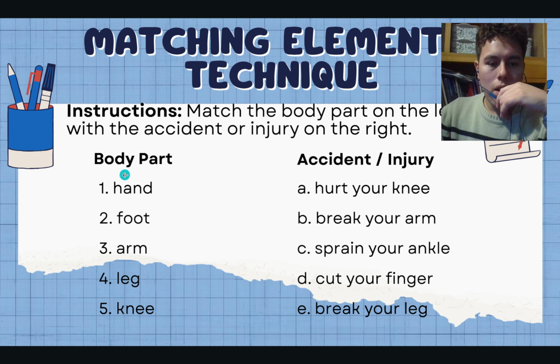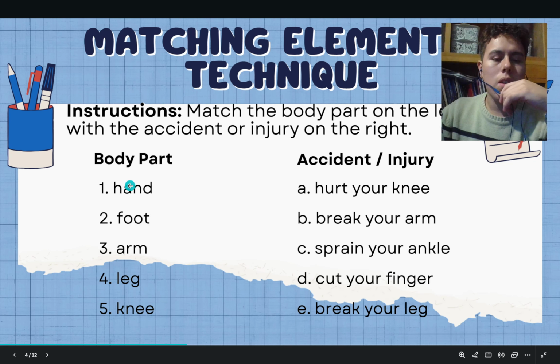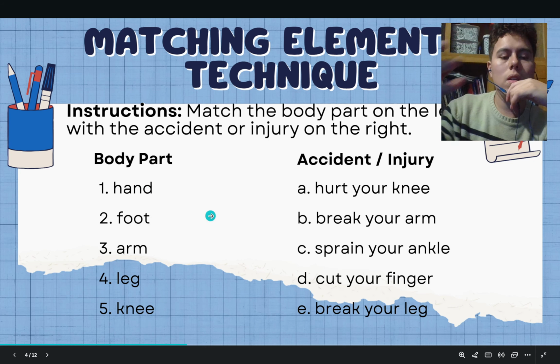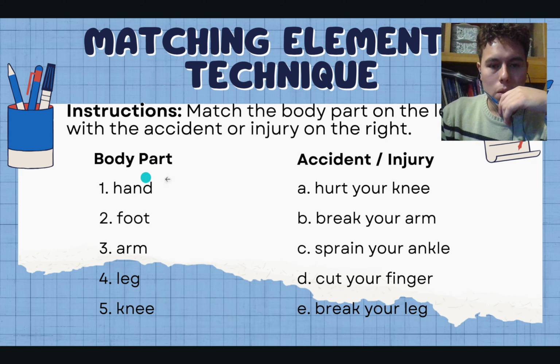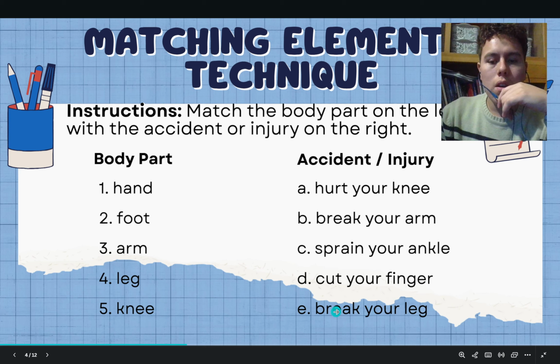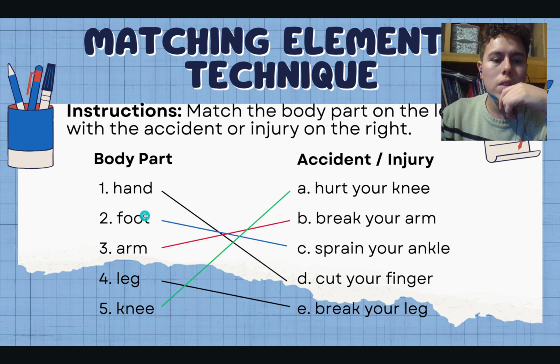So I like this activity because the students can realize how they can relate this body part with some verbs that they commonly don't usually use here. And then we have the answers. Yes.